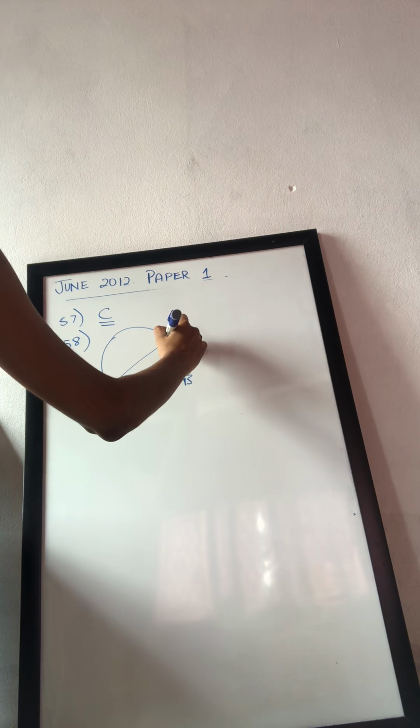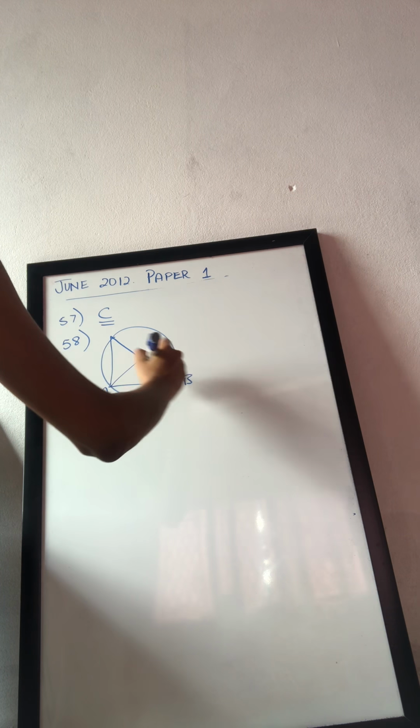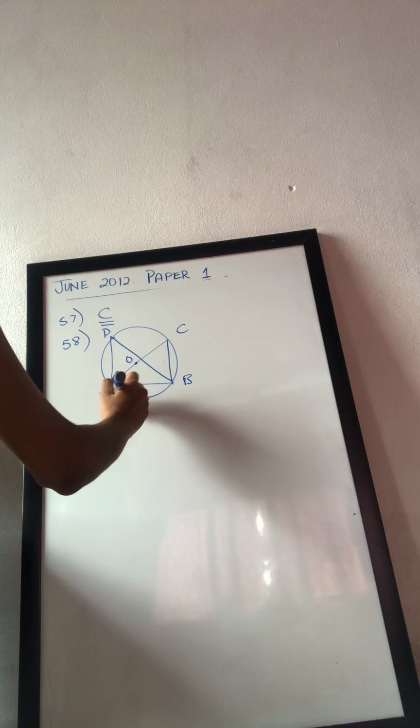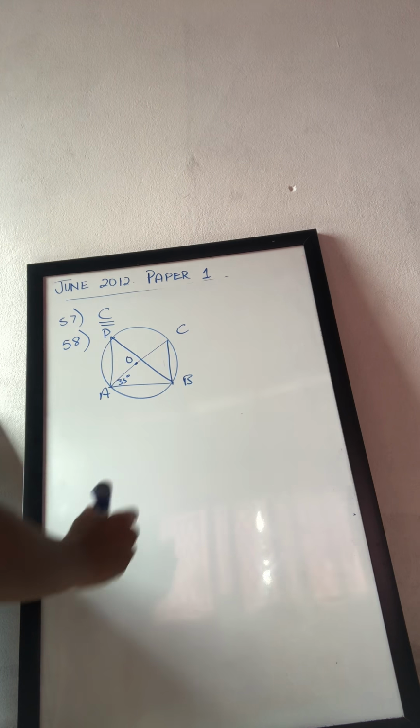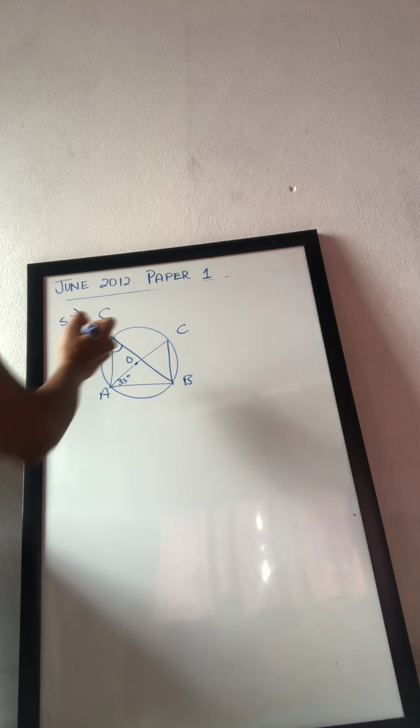So we have O, C, D, A, B, good. Alright, so angle CAB is 35 degrees and AC is the diameter. Okay, they want to know what is angle ADB, which is this angle here.